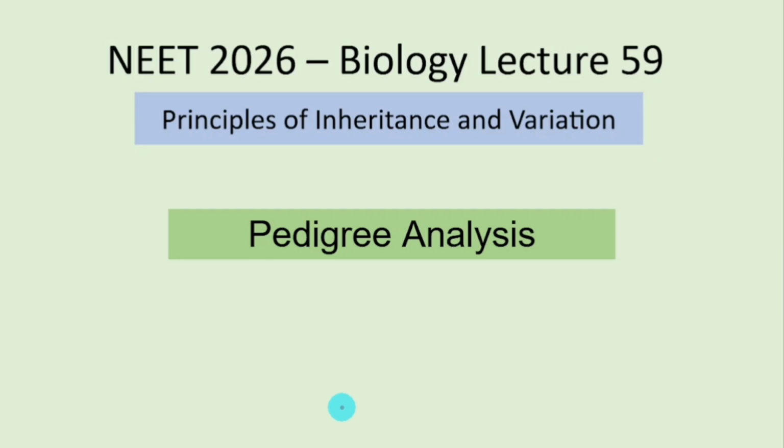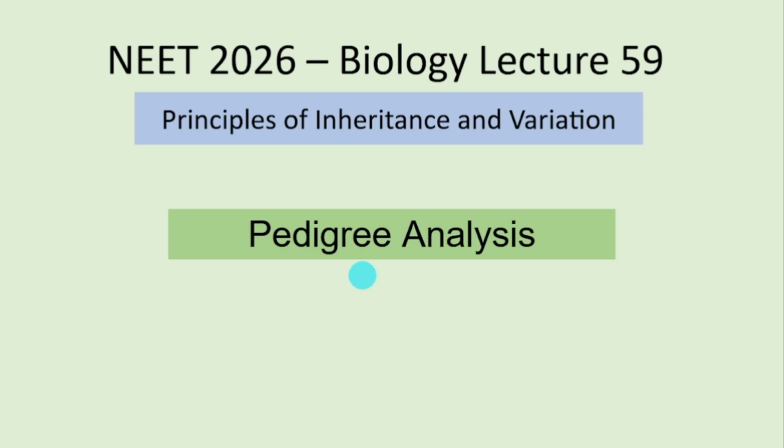So today we are starting lecture number 59, bio section, and the title is pedigree analysis. This is a complicated topic, so I want you to please listen carefully. First things first, try to familiarize yourself with how the pedigree chart is represented and then practice as many pedigrees as possible.